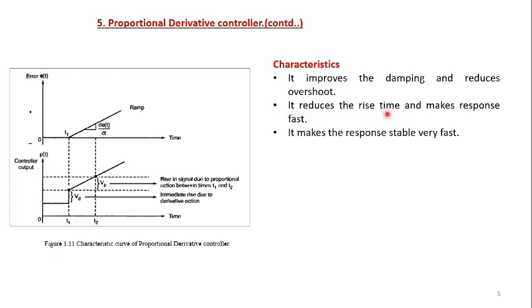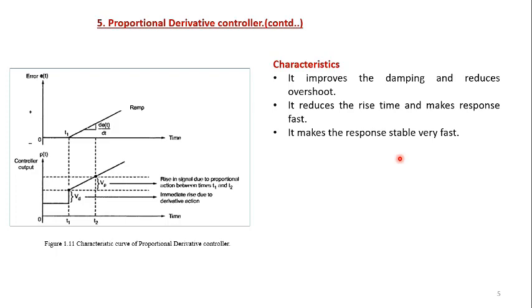It reduces the rise time and makes the response faster, similar to a spring. It makes the response stable at a very fast rate, meaning the settling of the signal happens quickly. We can see this type of system in vehicle dampers and springs.